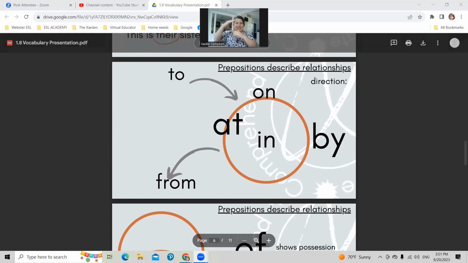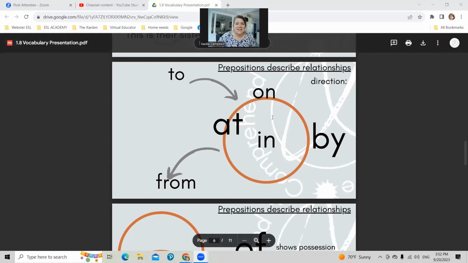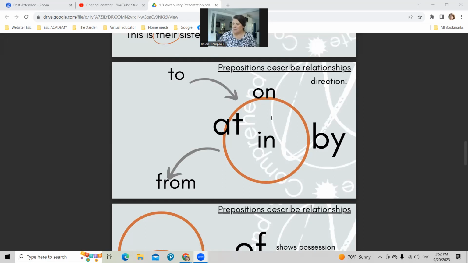On is when it sits on top. I put my makeup on because it's on top of my skin. Okay? In is something we put inside. I have some Tylenol here.